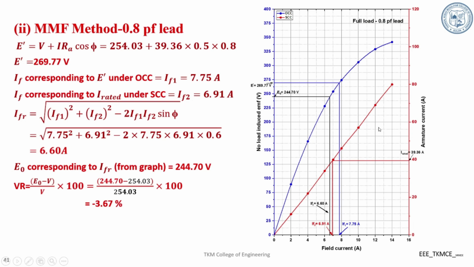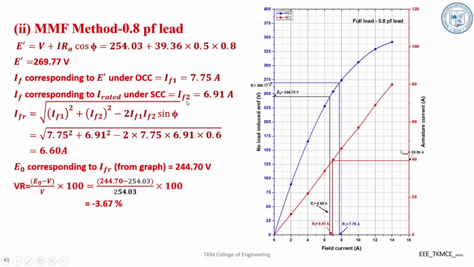After plotting OCC and short circuit characteristics, we need to determine E dash, and E dash is obtained as 269.77 volt, and the field current corresponding to E dash under OCC, that is IF1, is obtained as 7.75 ampere and IF2 is obtained as 6.91 ampere.